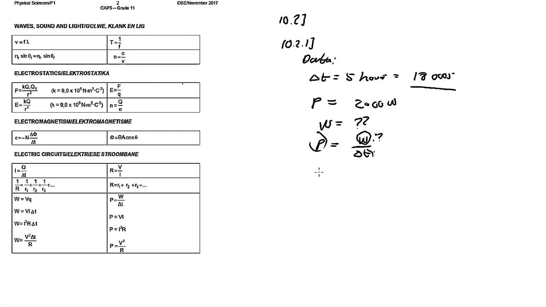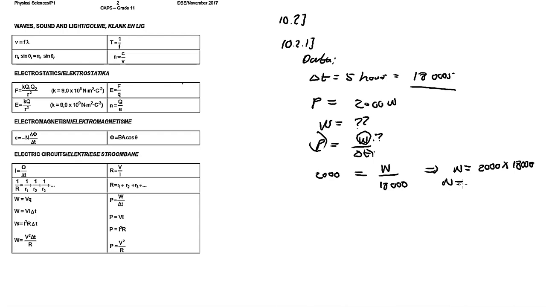If I calculate the amount of work done, I have power and time. So power is what? 2000 equal to amount of work divided by 18,000. Now cross multiply and the work is equal to 2000 times 18,000.